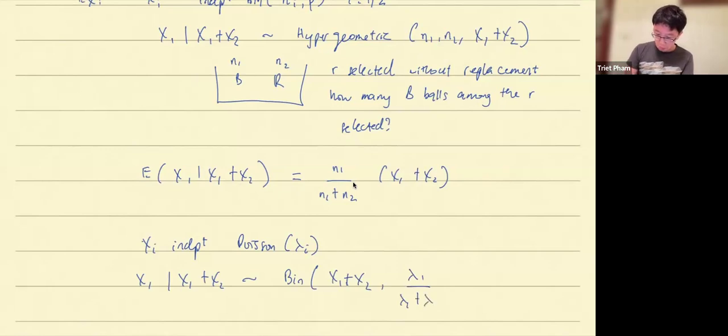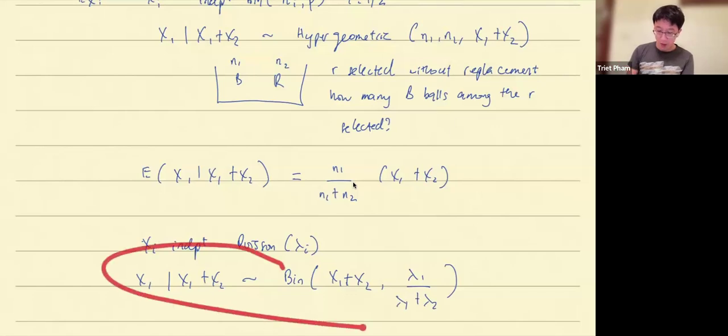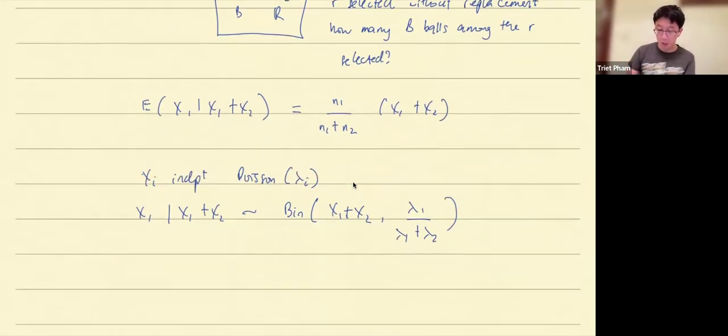Again, this is through, let's say, memorization or through intuition. To derive this expression will take several lines. But then the expectation of x1 conditioned on x1 plus x2 will be x1 plus x2 times lambda 1 over lambda 1 plus lambda 2.